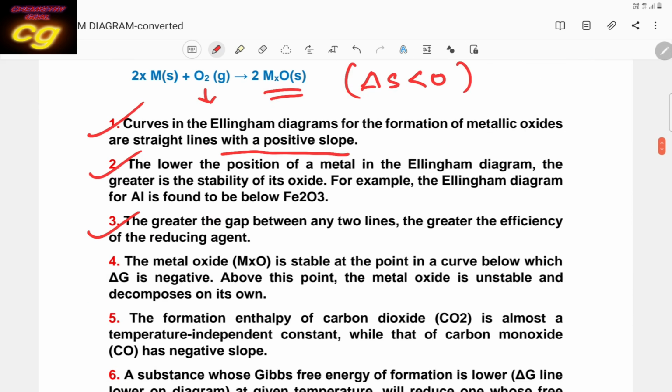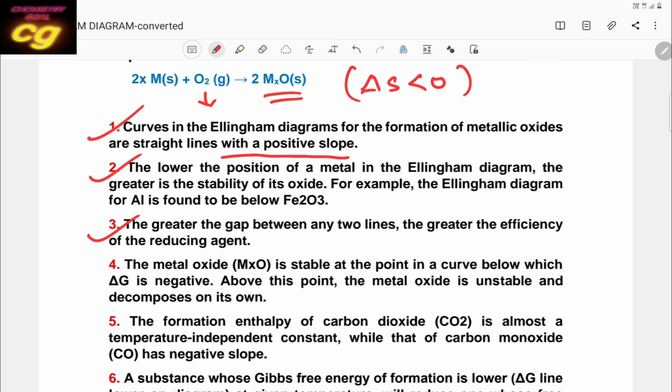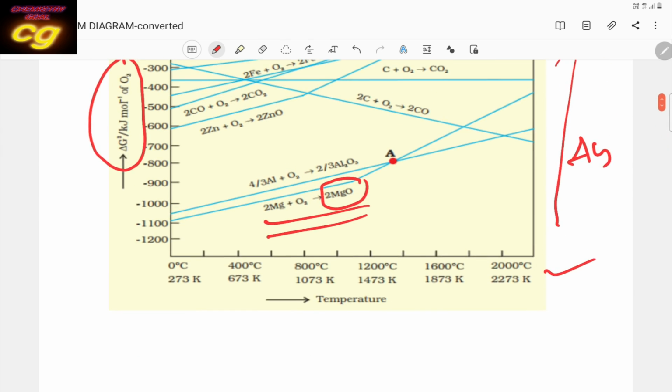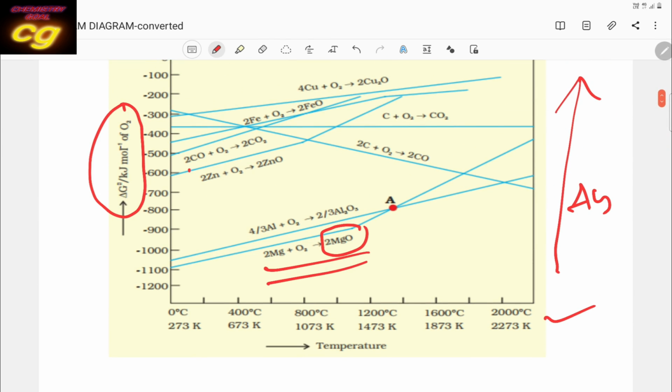The third important point is the greater the gap. If the gap between the lines is more, suppose this is zinc and magnesium, if you see the gap is more, then the reduction process will be easier. The more the gap, the reducing process will be faster.